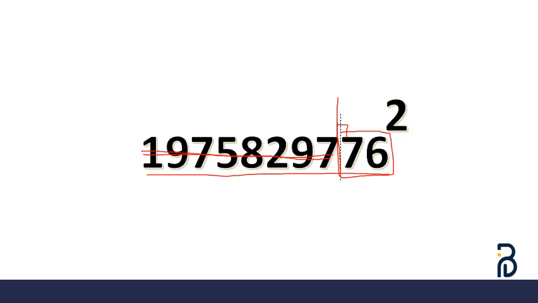Now let's see what the next step is. Your number was 76, so you will have to find the multiple of 50 which is closest to 76. Next step is finding the multiple of 50 which is closest to the number. In this case, it is 76, so I have to find the multiple of 50 closest to 76.